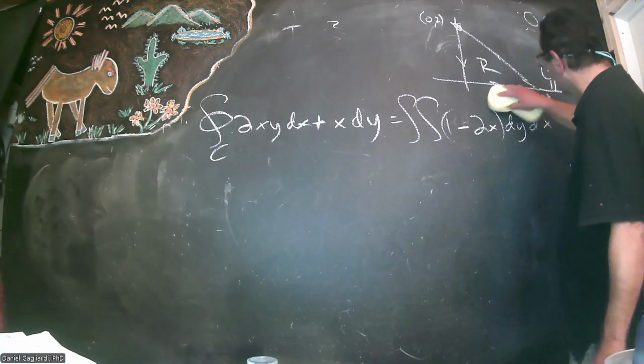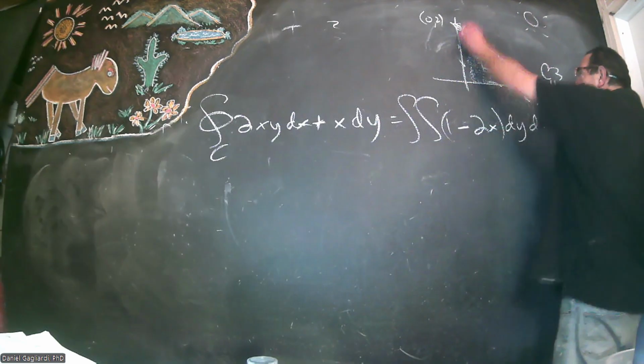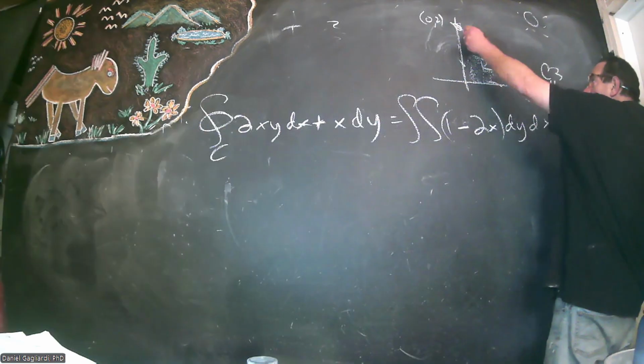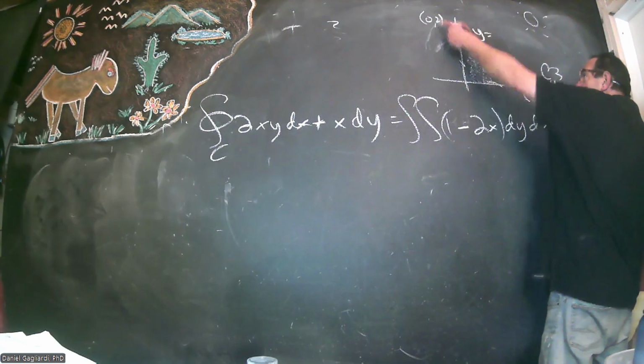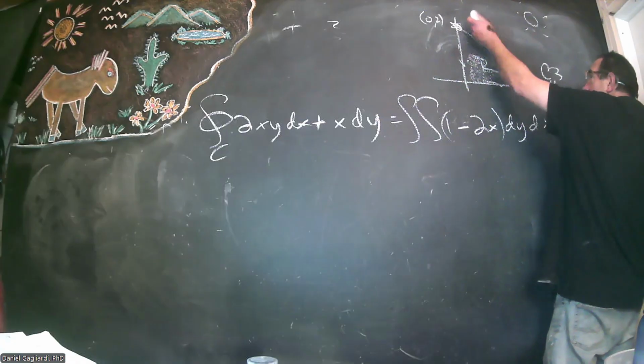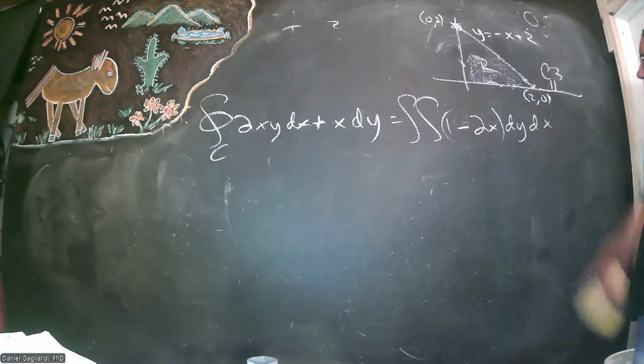All right, so let's see what we got here. So this region now, no orientation, we just have a region. Well, this is y equals mx plus b, so y is equal to m x plus the y-intercept. Well, m is negative 1, so negative x plus 2, or 2 minus x. All right, so that's the y function.